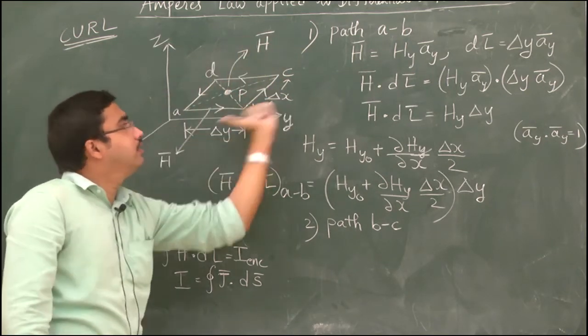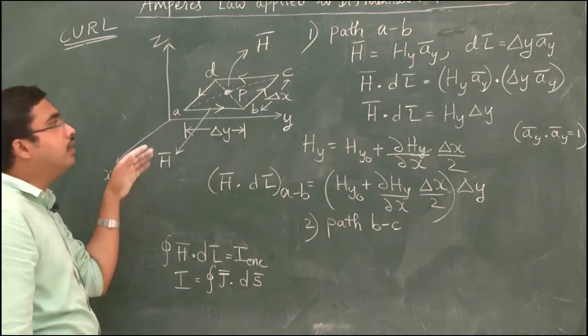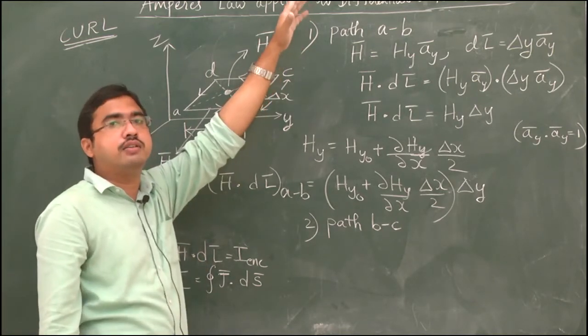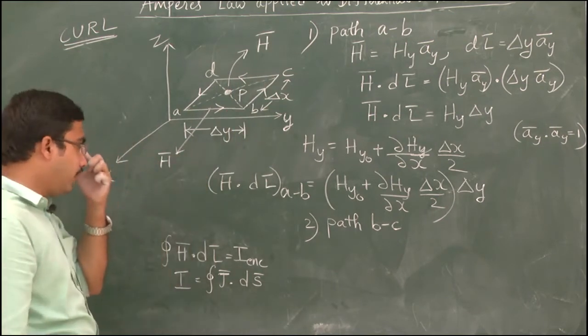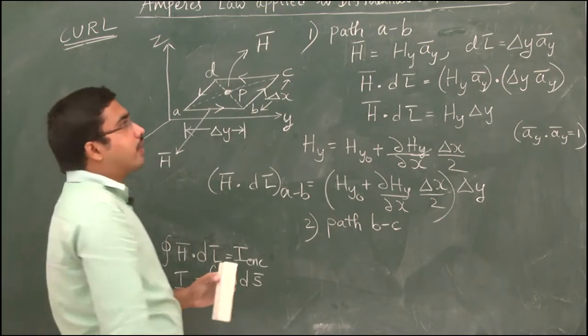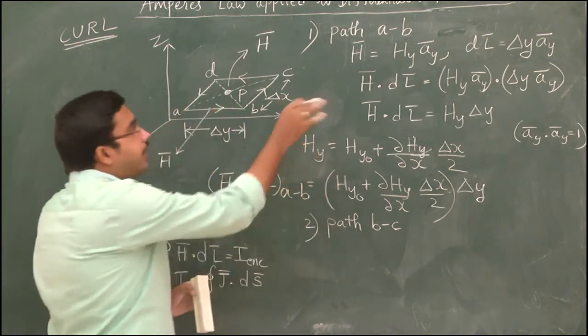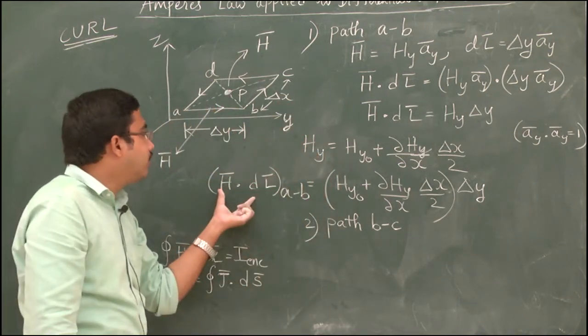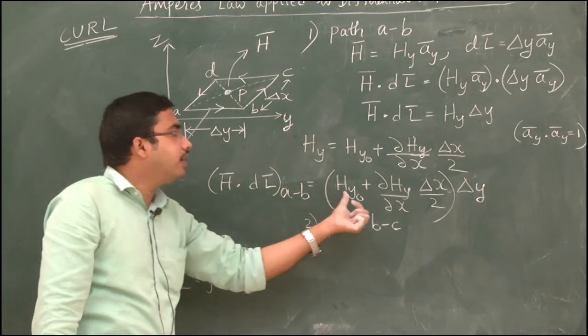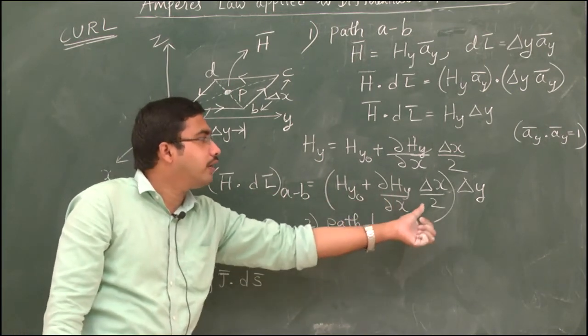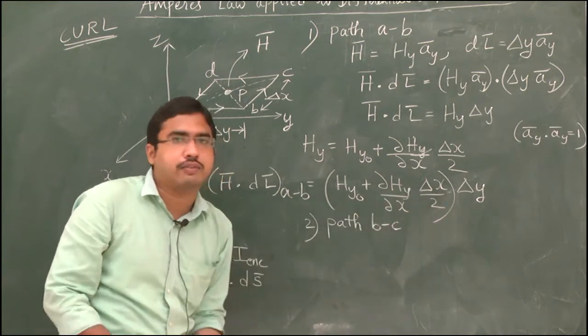If you are coming this side, that is the positive X direction. If you are going opposite, that is the negative X direction. In your path AB, the expression for H bar dot dl bar is given by Hy naught plus dou Hy dou x delta x by 2 into delta y.